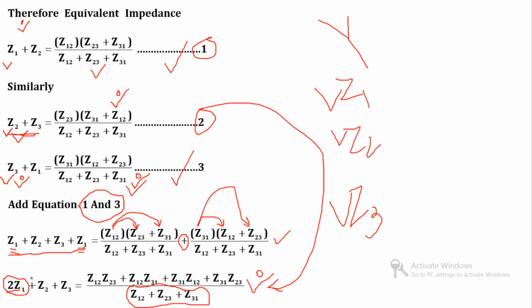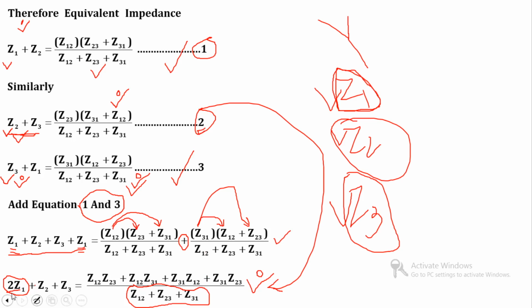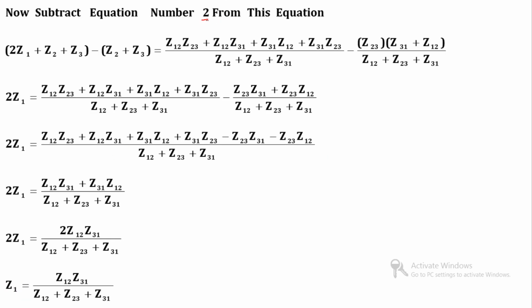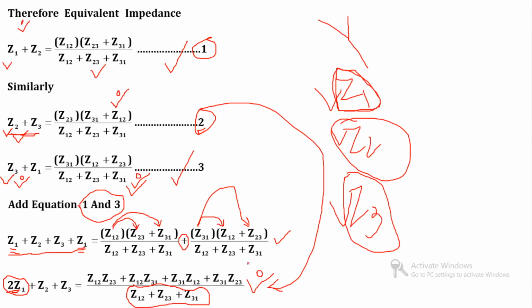So we will get the equivalent impedance for delta to star conversion in terms of Z1. Similarly we can find Z2 and Z3. That's why I subtract equation number 2 from this equation, so that we can find only Z1, and that is our interest.